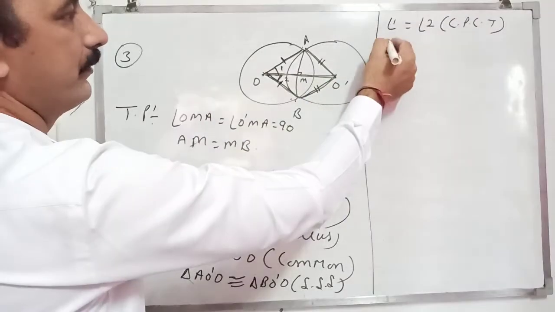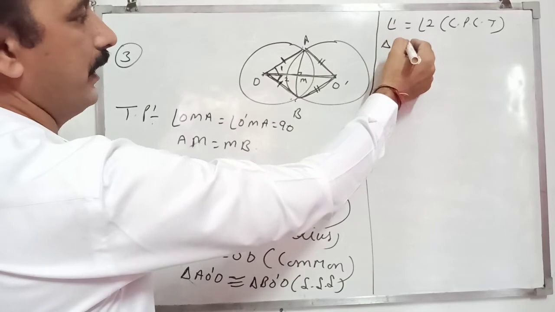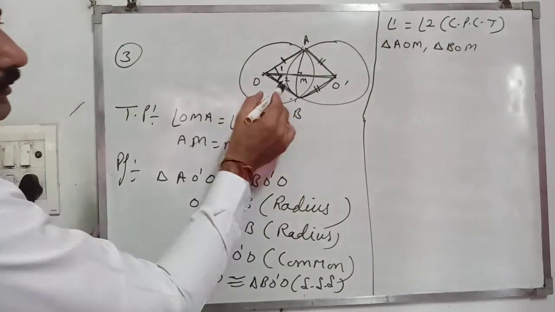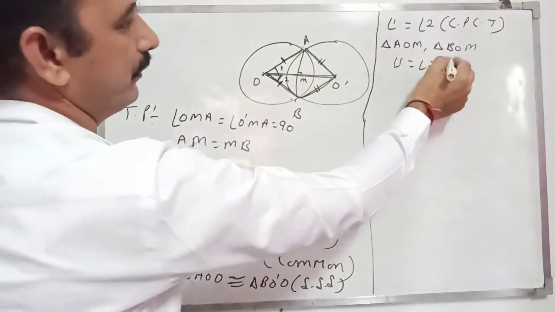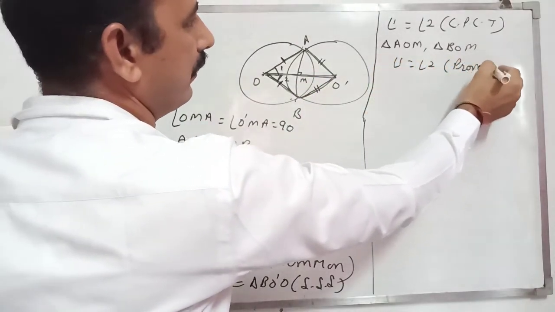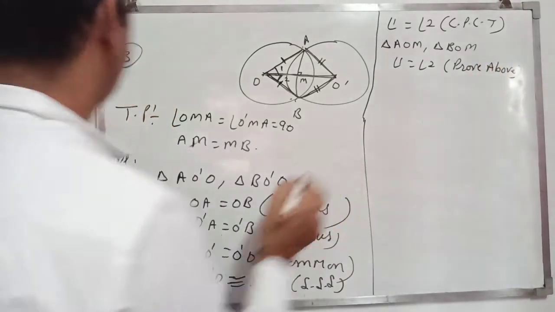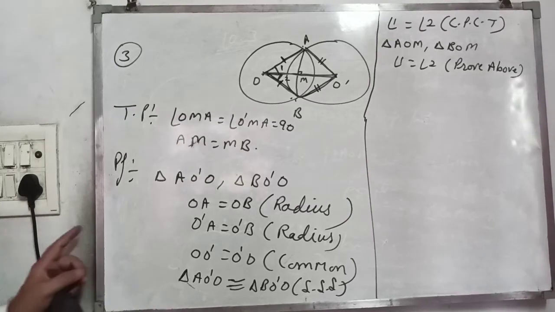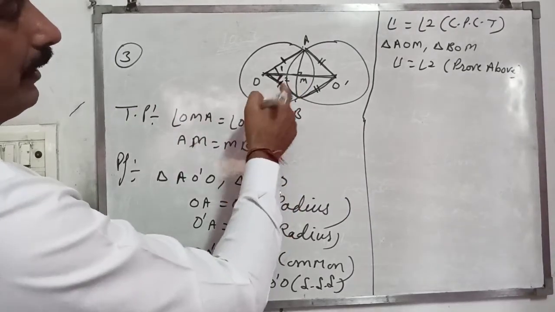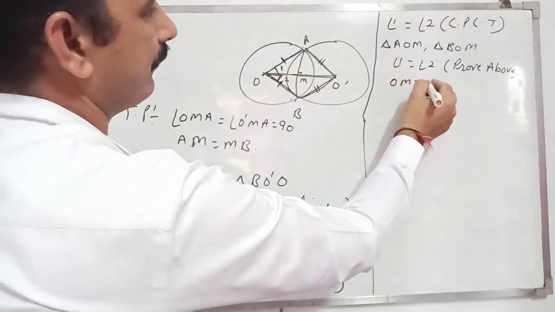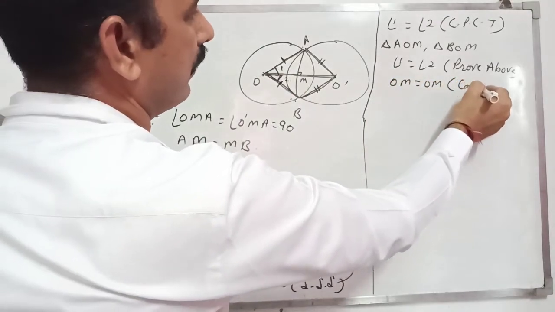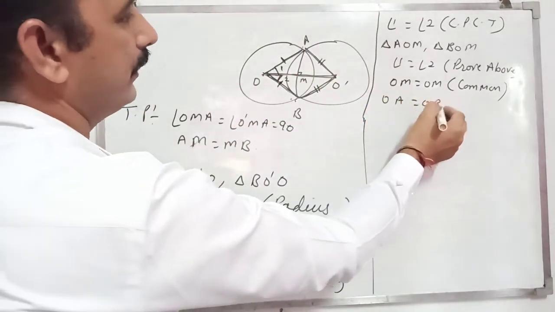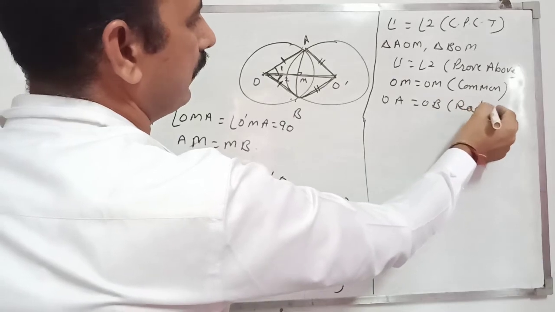Now we use another two triangles for the congruence, that is triangle AOM and triangle BOM. Here angle 1 is equal to angle 2, it's proved above. Then OM is common, and OA and OB are radii.